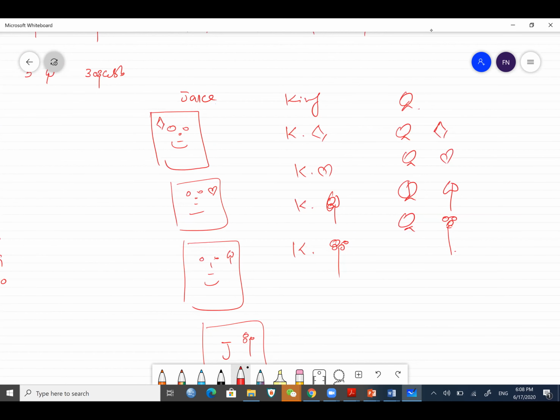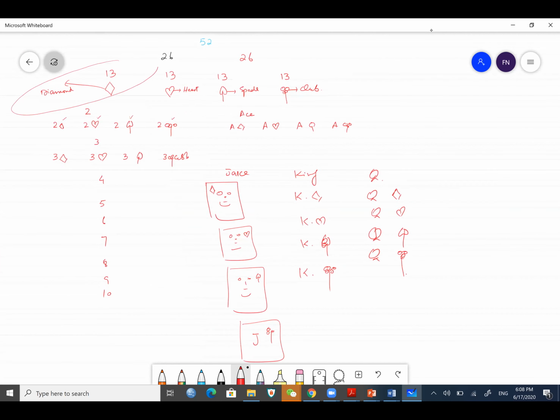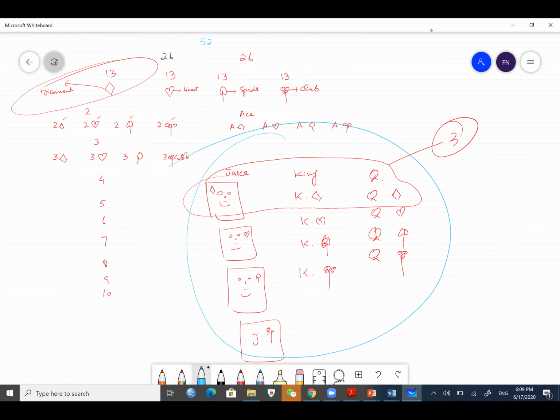Now the question was, what is the probability that you get a diamond or a face card? How many diamonds in total do we have? We have 13 diamonds, and for face cards, there are 3 kinds: jack, king, and queen. Understand? In total, we have 12 cards with a picture. King, queen, and jack all have pictures on them.